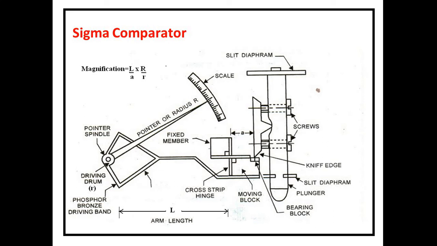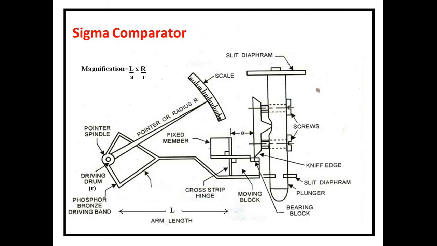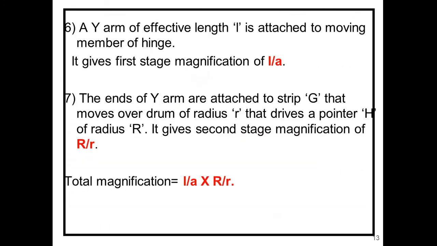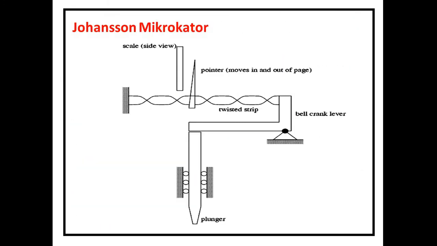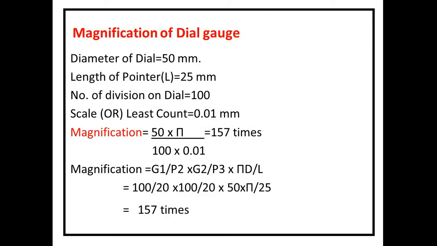And then there is one more comparator called the Sigma comparator. Many times this comparator is asked in the examination, either Sigma or the Johnson Mikrokator. The Johnson Mikrokator is another mechanical comparator, and one more is the Sigma.